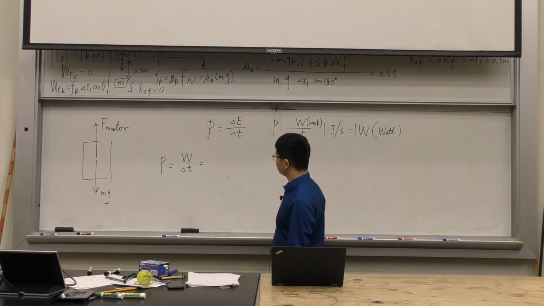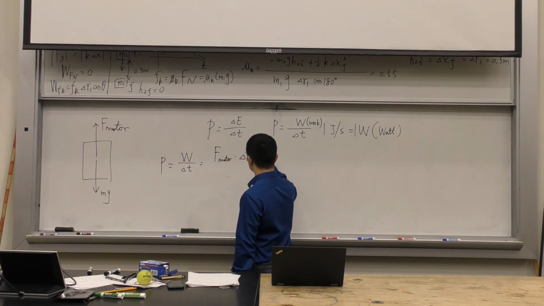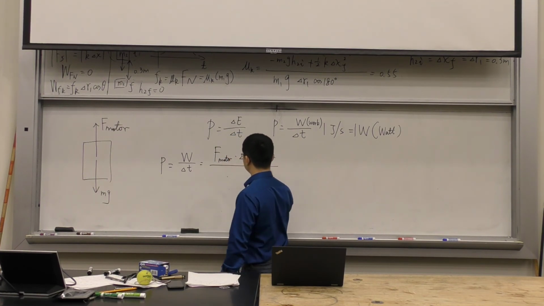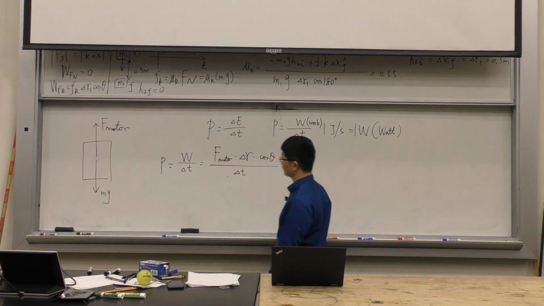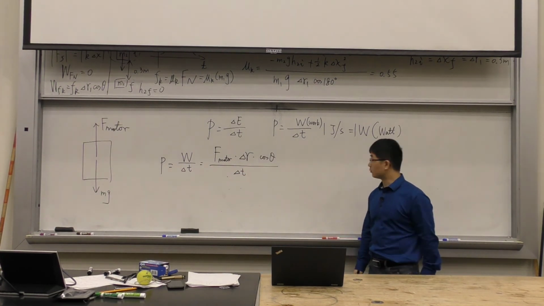And then in order to find the work, I would just use the definition of work. Force times displacement times cosine theta divided by time. Now let's see, if I have all the numbers, I'm just going to plug numbers in, right?